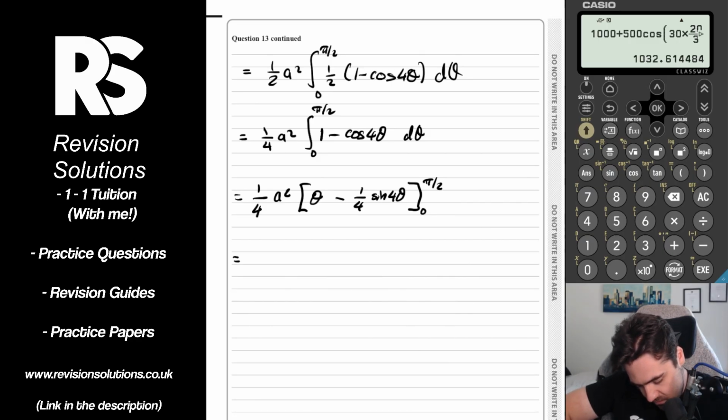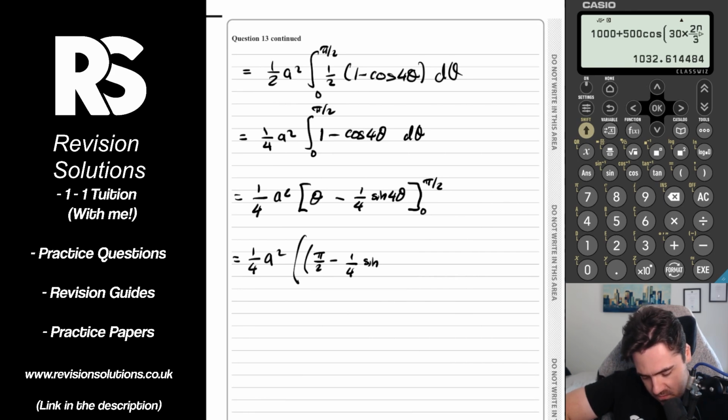So just writing this all out with a quarter a squared, and now I'll do big bracket. Upper limit is pi on 2 minus a quarter sine 4 times pi on 2. That would just be sine of 2 pi. And then plugging in the lower limit, that would be 0 minus a quarter sine of 0.